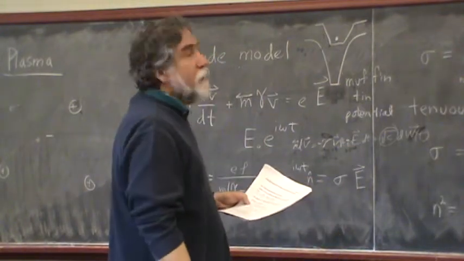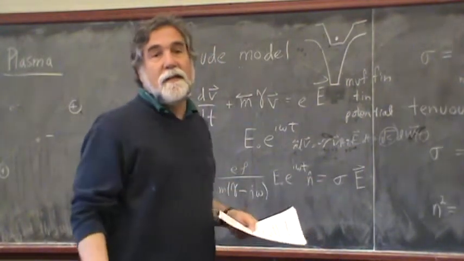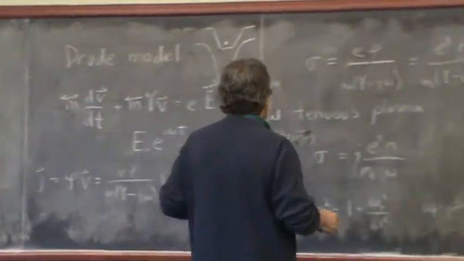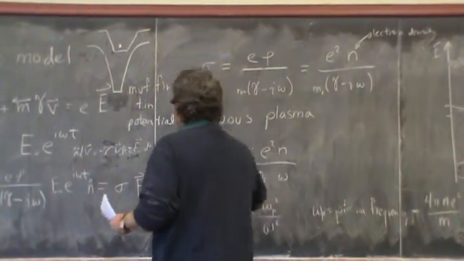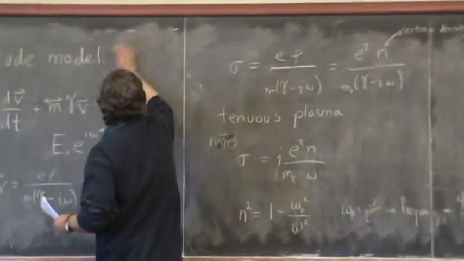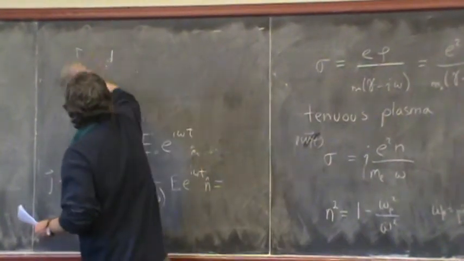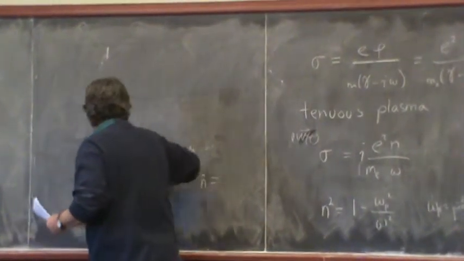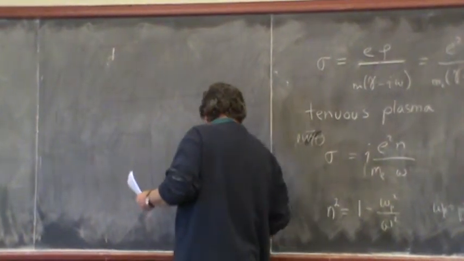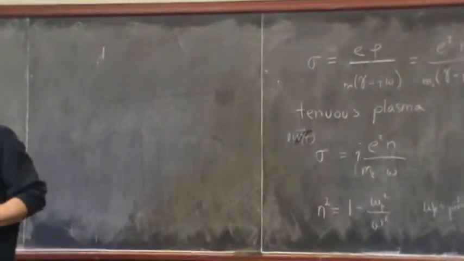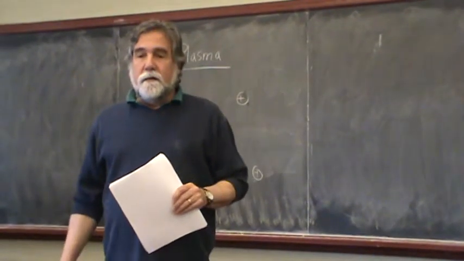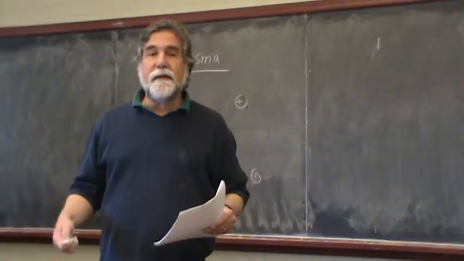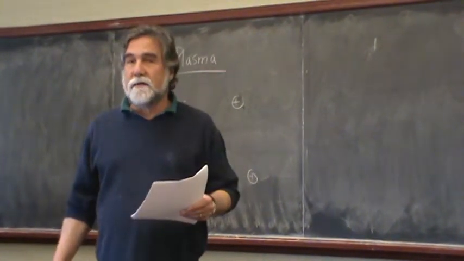The real reason I wanted to get to the plasma is that there's one other neat thing that happens. Neat and horrible. Which is that when we started all of this, and I've misplaced them, I wrote down relationships between the fields, the electric field, the magnetic field, and the propagation vector.